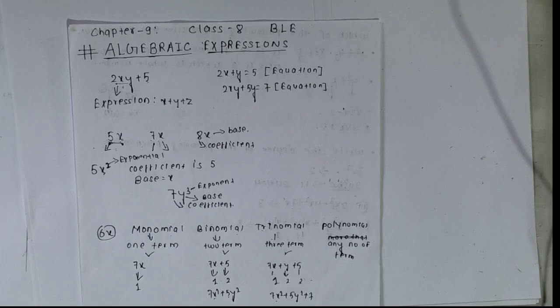An algebraic expression is a combination of numbers, variables like letters, and operations like addition, subtraction, multiplication and division. But here is the key: in an expression we don't have an equal sign. So what is an algebraic expression?